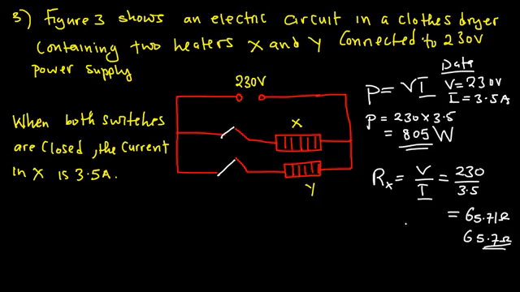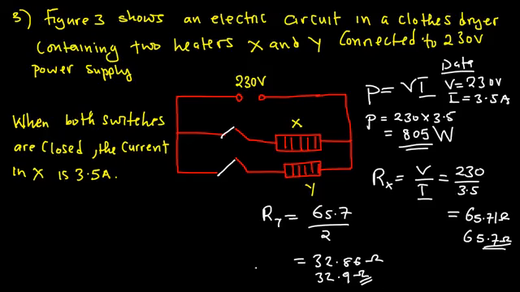Now we want the resistance for Y. We are saying X is double that of Y. Therefore, for us to find the resistance for Y, it is equal to 65.7 divided by 2. And what are we going to have if we divide by 2? We are going to have 32.86 ohms, which is just 32.9 ohms.